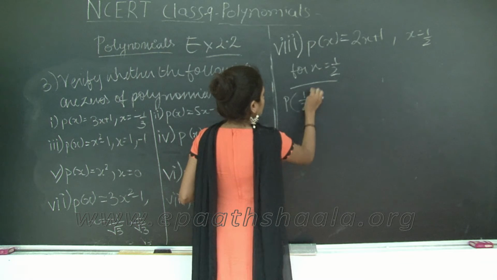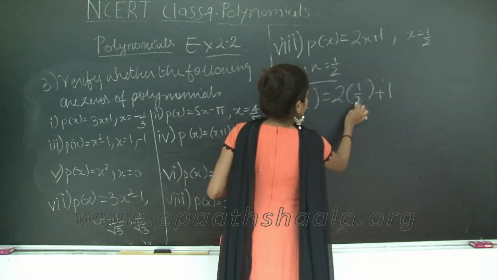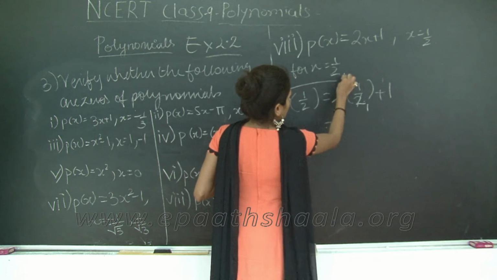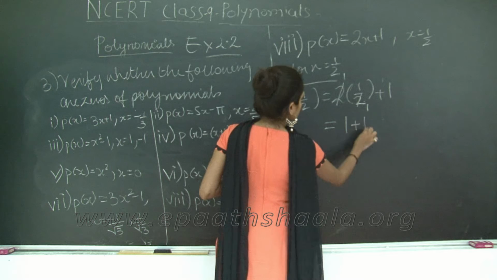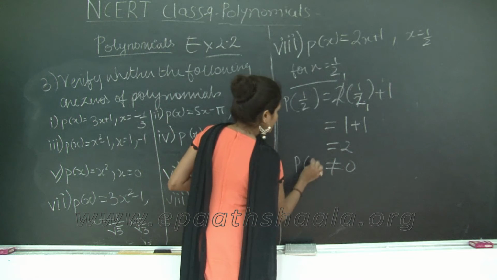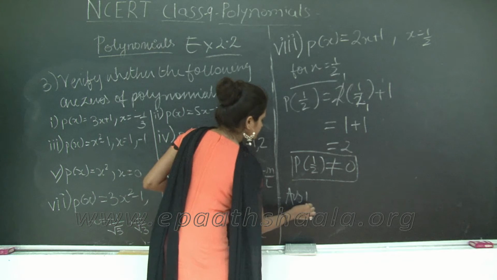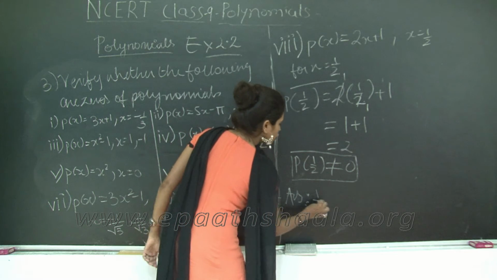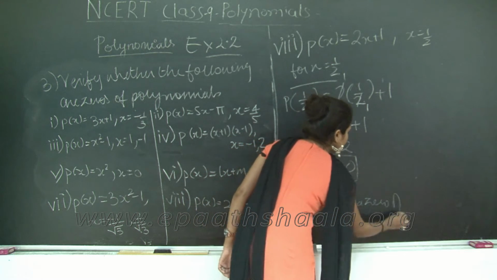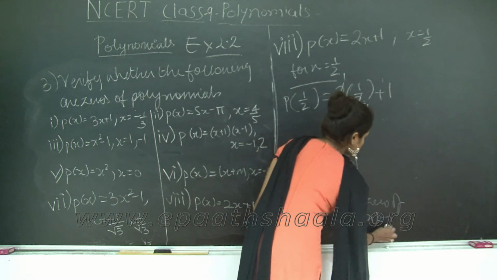I get P of 1 upon 2 is equal to 2 into 1 upon 2 plus 1, right? So 2 ones are 2, 2 ones are 2, 1 into 1 is 1, 1 plus 1 is 2. Okay, this is not equal to 0. So P of 1 upon 2 is not equal to 0. Therefore, answer: 1 upon 2 is not a zero of polynomial P(x) is equal to 2x plus 1.